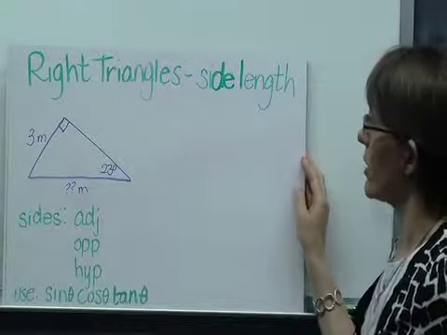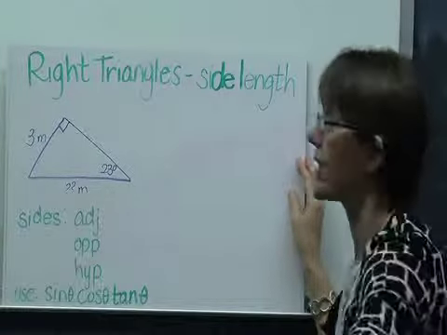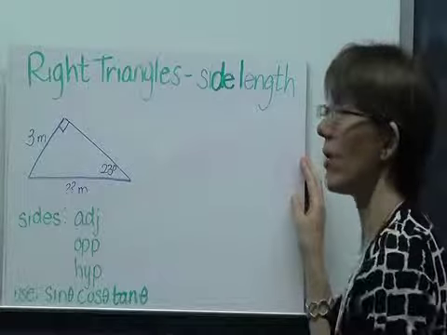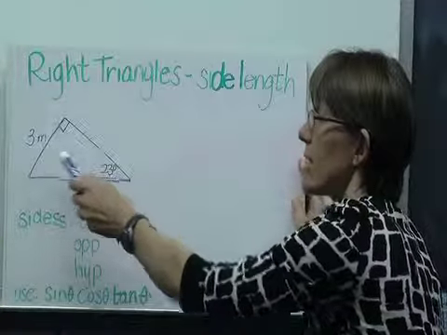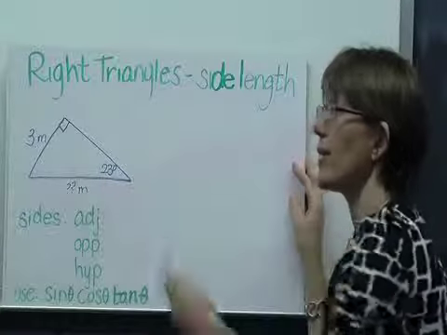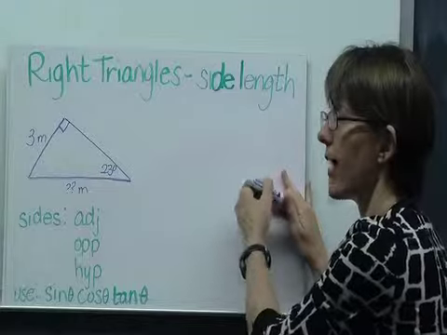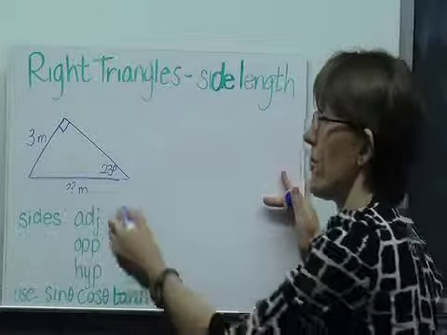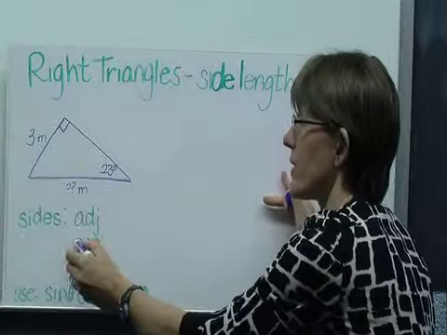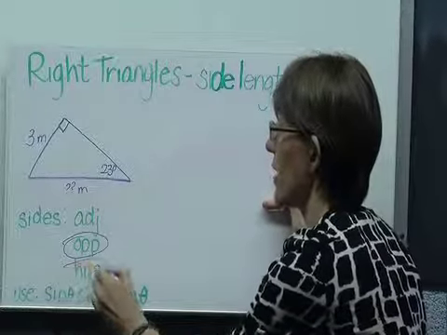First way that I might want to solve a right triangle is trying to find a missing side length. So in my right triangle, I have a 3-meter side, 23 degrees, and I'm looking for the length of the hypotenuse. So the sides that have labels on them, or that I'm trying to find measures for, are the side opposite the angle and the hypotenuse.